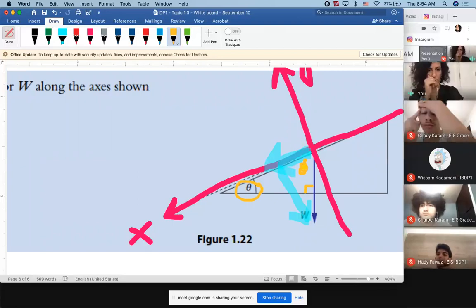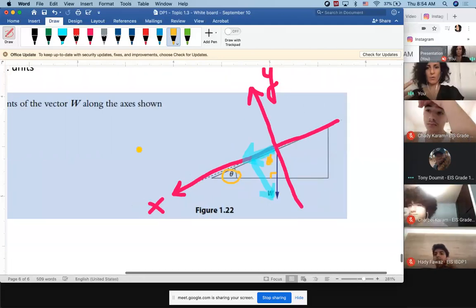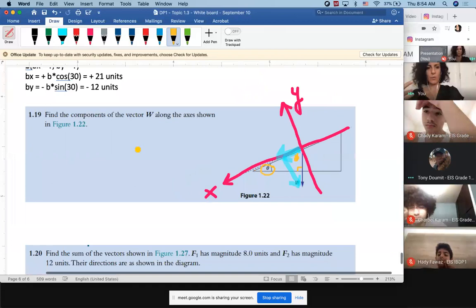Okay, so Tony, do you see that this angle is not theta, it's the complementary to theta. So if theta is 30, this one is 60. Do you agree? All right, so it's the complementary, so they add up to 90. Anyway, you don't have values in this question, so you only have to write the equation, okay? And I can help you out.